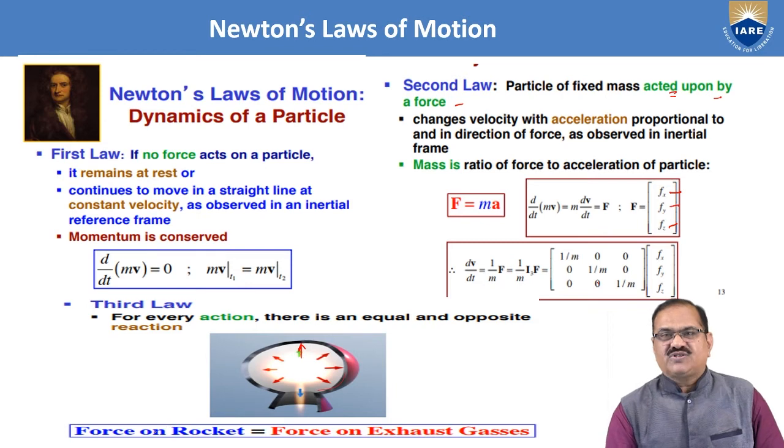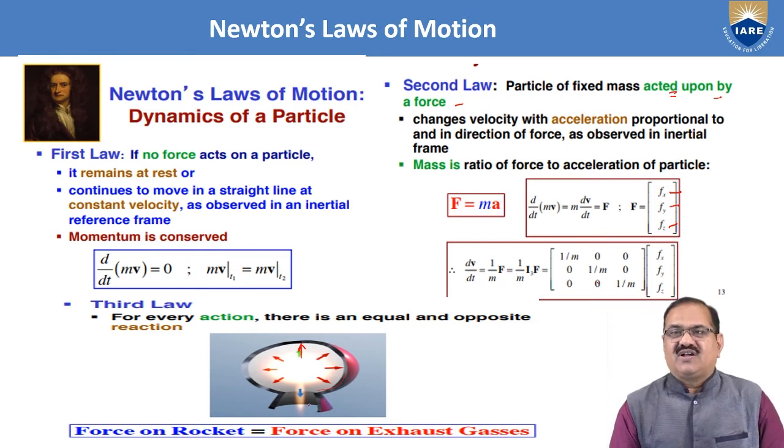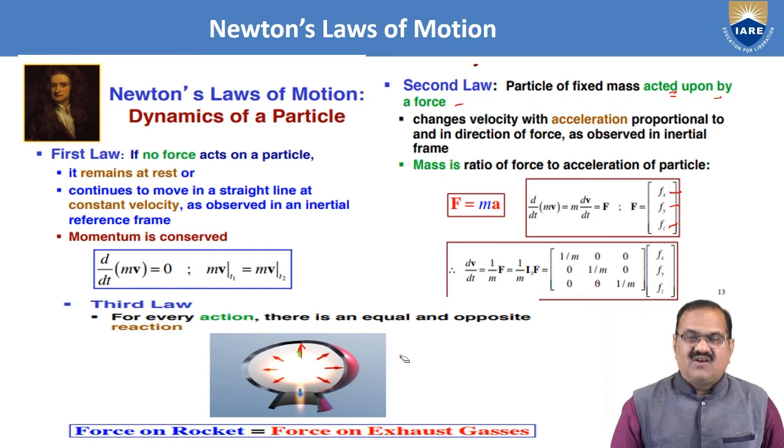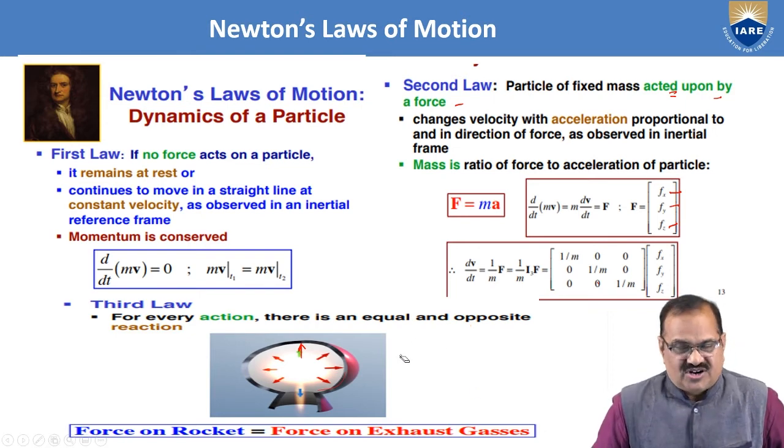So force on the rocket is equal to force on the exhaust gases. The exhaust gases which are moving out give a reaction, and your rocket will move in the opposite direction. That is the action and reaction of Newton's third law.